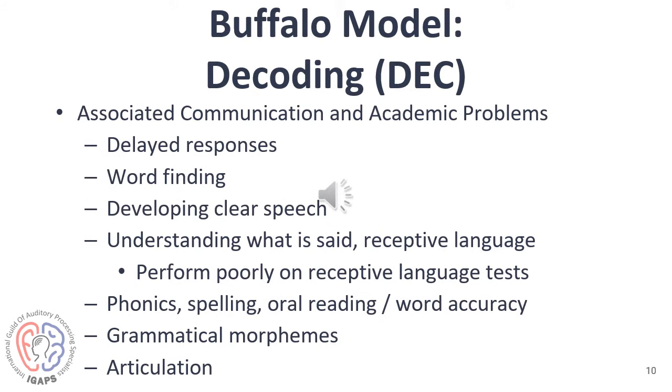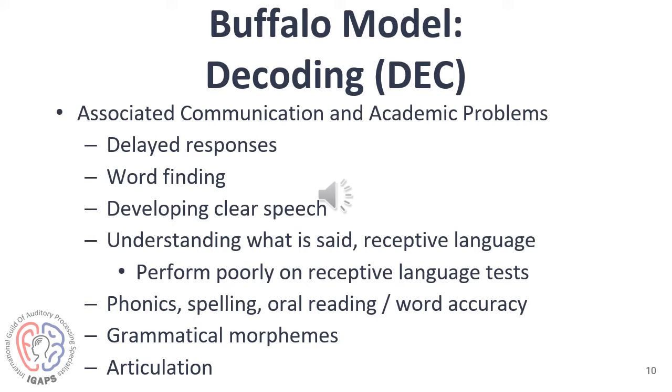Delayed responses occur because people with decoding deficits are not always clear about what they have heard and have to take extra time to figure out what the response is. If they don't have this time, they may appear confused or respond inappropriately. The problem can be even greater for unfamiliar words.